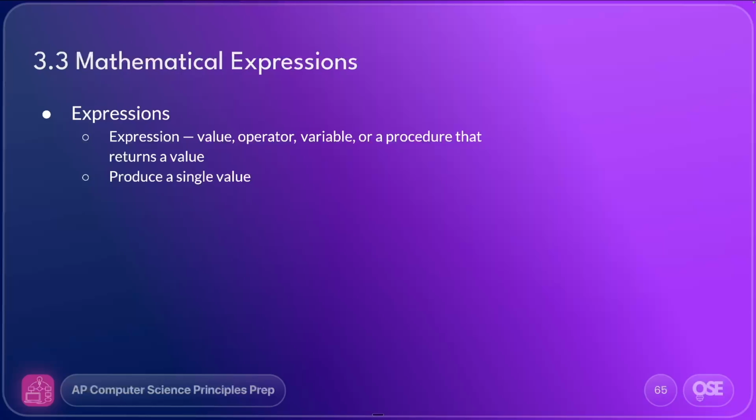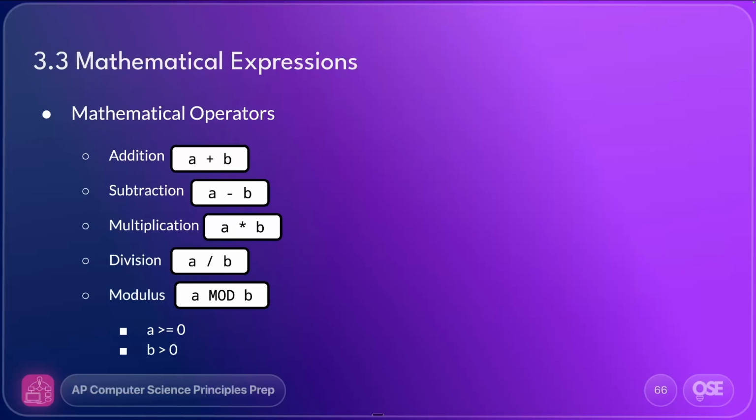Expression is any value, operator or variable, or even a procedure that returns a value, and it produces a single value. So here's some operators. Addition uses this symbol that has a vertical line and a horizontal line. It's called a plus. Subtraction uses a horizontal line.